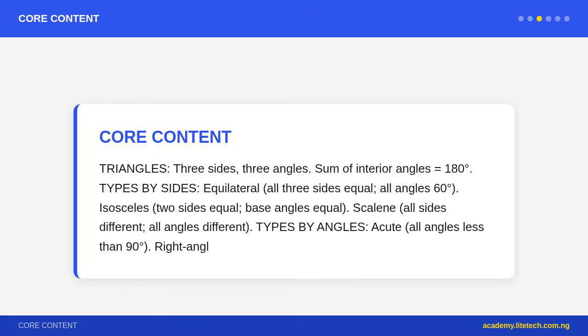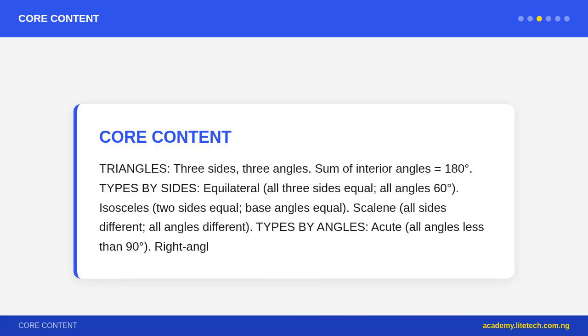Trapezium, exactly 1 pair of parallel sides, the parallel sides are the bases. Area equals 1/2 (a plus b) times h, where a and b are the 2 parallel sides and h is the perpendicular height. Kite, 2 pairs of adjacent equal sides, 1 diagonal is an axis of symmetry, diagonals are perpendicular, 1 diagonal bisects the other.